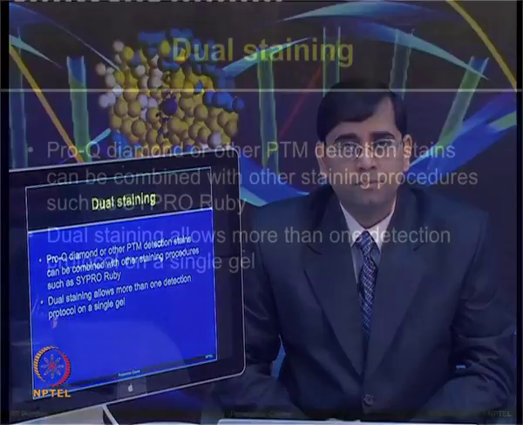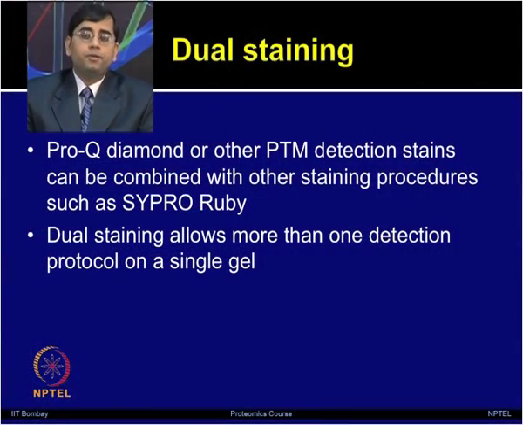So, after discussing different types of staining procedures which are available, now you have separated the protein spots on the gel. Now, you have visualized that by using different types of stains. Again, the selection of a stain depends upon the type of application you are looking for. Often you have limitations of your protein.